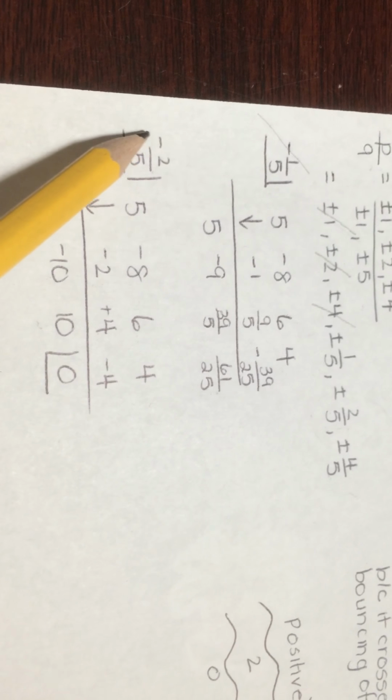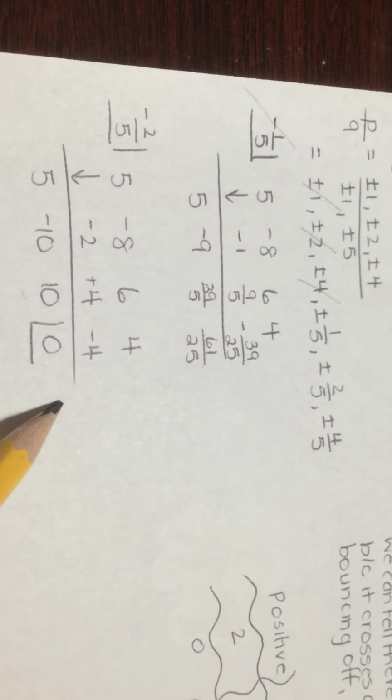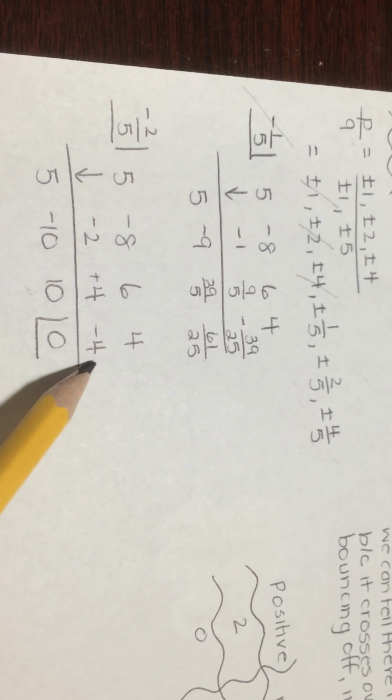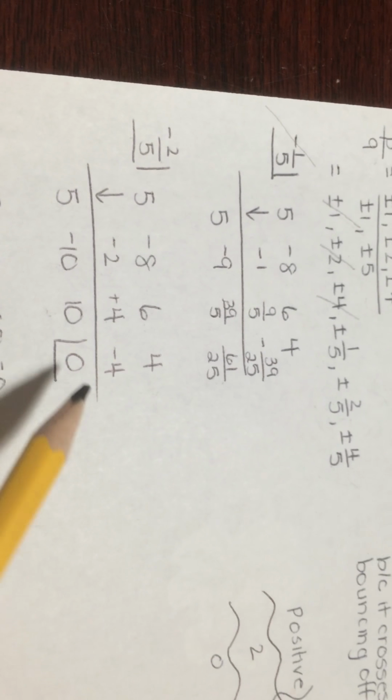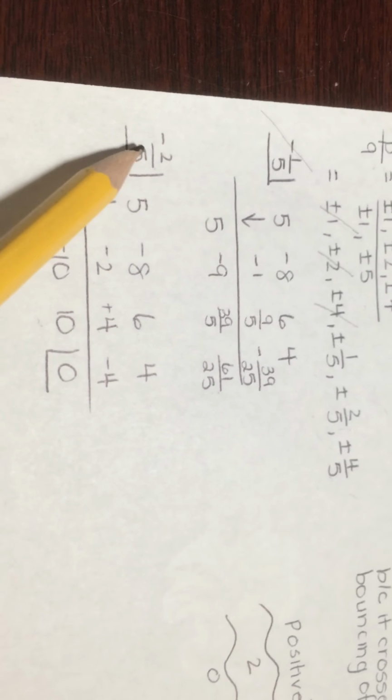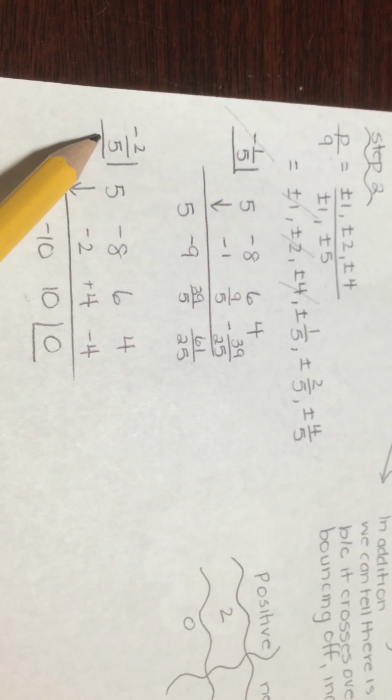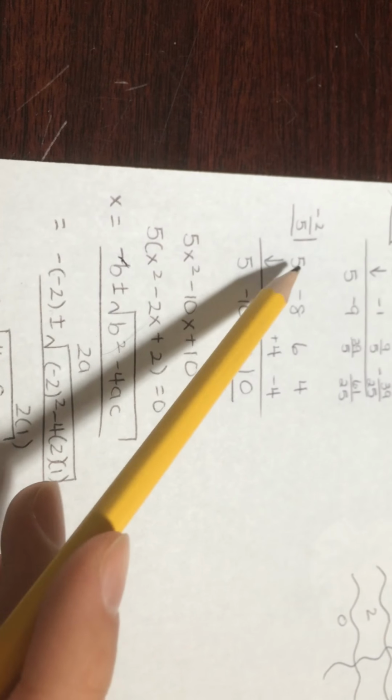And 10 times negative 2 over 5 is negative 4. Negative 4 plus negative 4 is 0. So this is a root. Since we know that the graph only has one negative root, we know that this is the only real root.